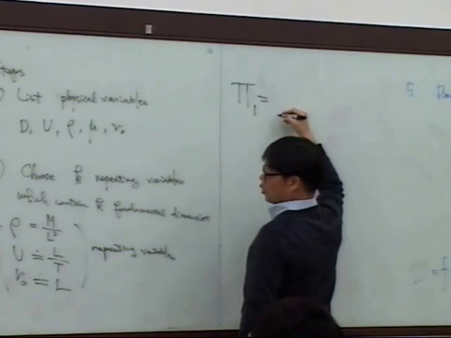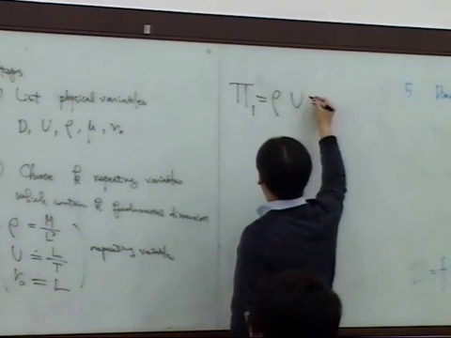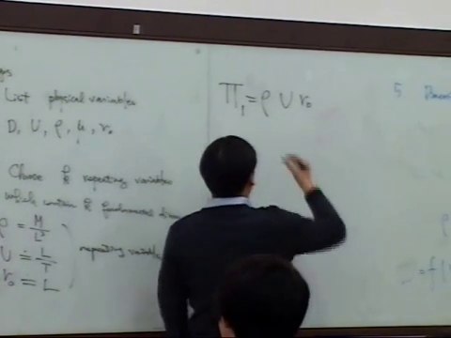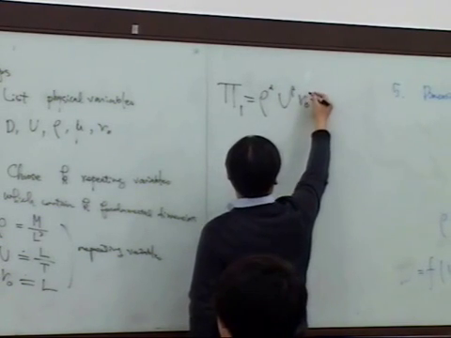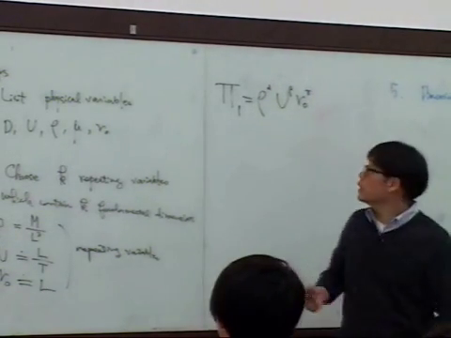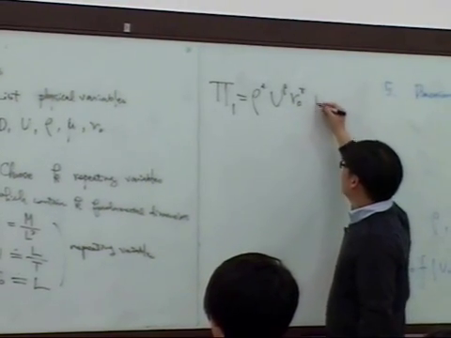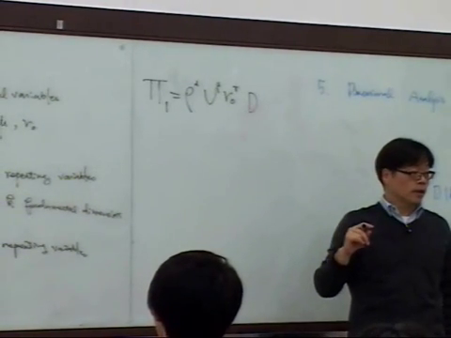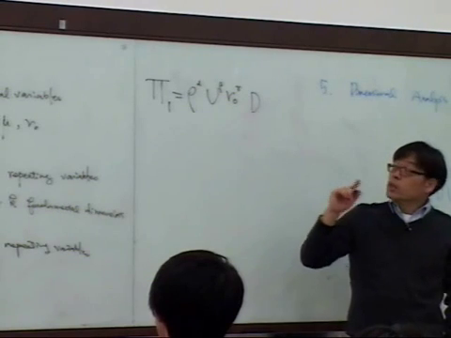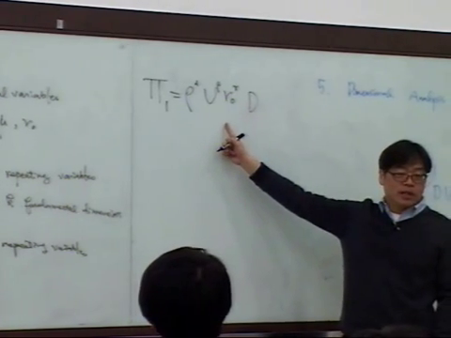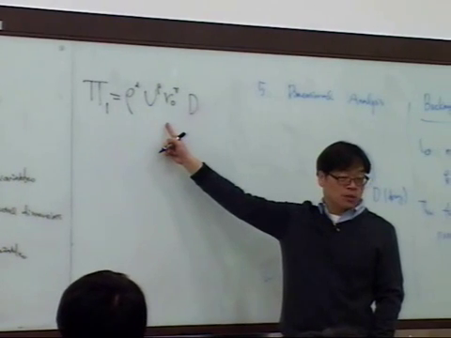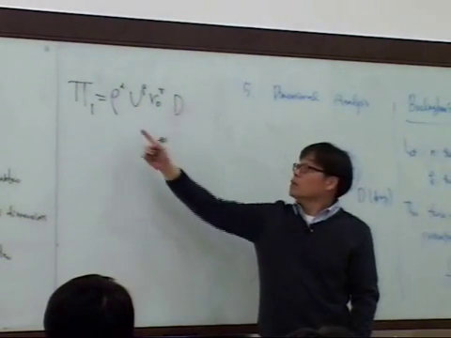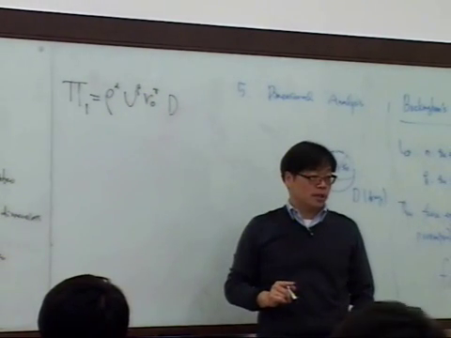I use rho, u, r naught, the repeating variables, and put powers alpha, beta, gamma on them, and then I multiply by the remaining variable D. The dimension of this has to be none. In other words, it has to be dimensionless. So I choose alpha, beta, gamma such that pi 1 is dimensionless.